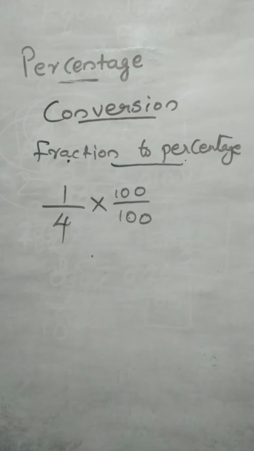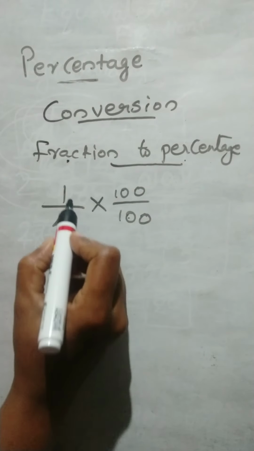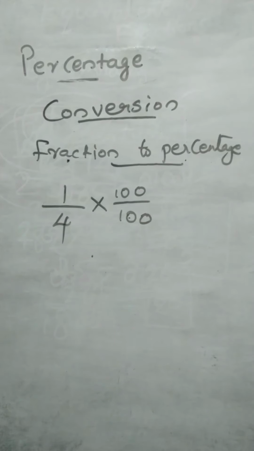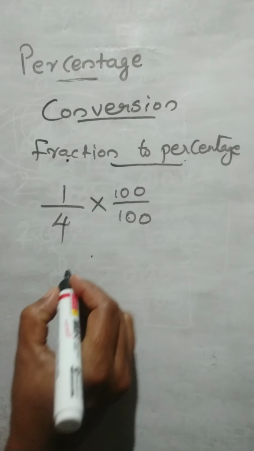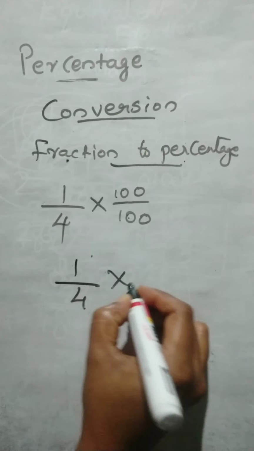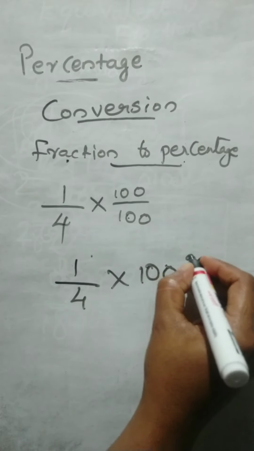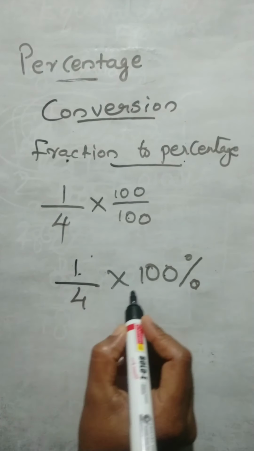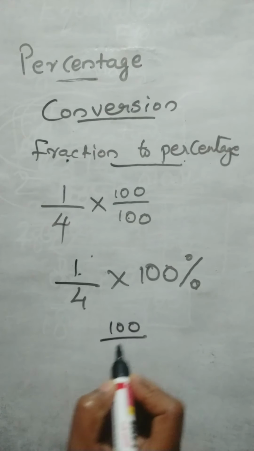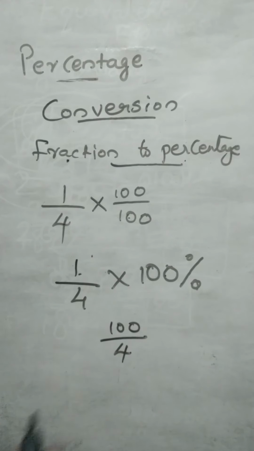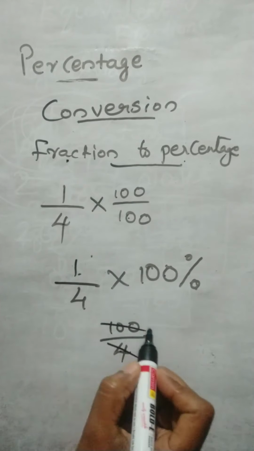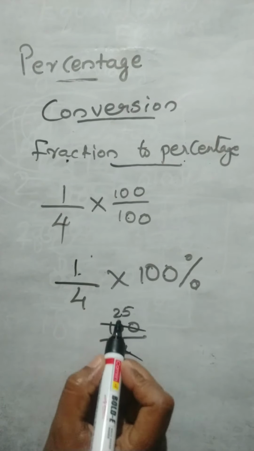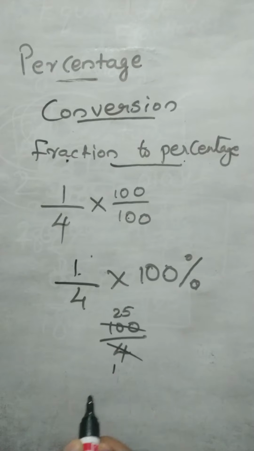So here, 1 on 4 times 100%. Now 1 times 100, 100 itself. Then 4: how many 4s are there in 100? We can cut these two. 25 4s are there in 100.